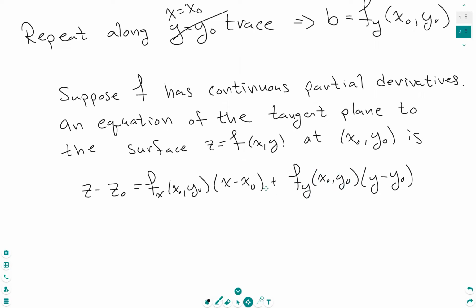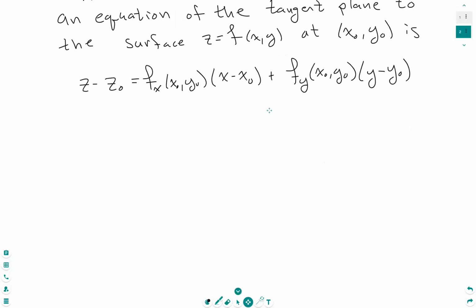Okay, so let's do an example. Let's find a tangent plane.